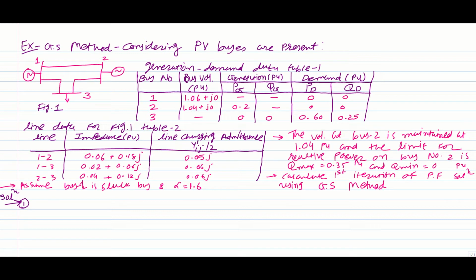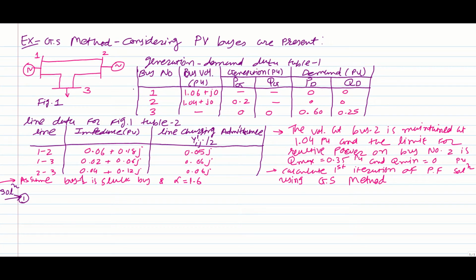So let us understand what is given to us. In table number 1 it is given the generation and demand data of this system, we can say generation and demand data for figure 1. Okay.